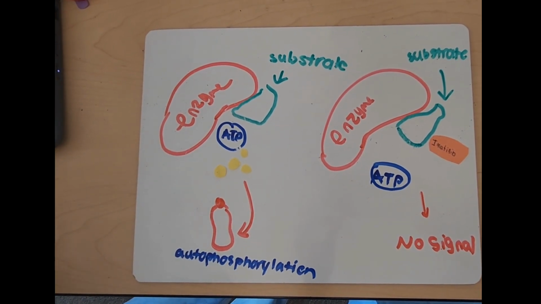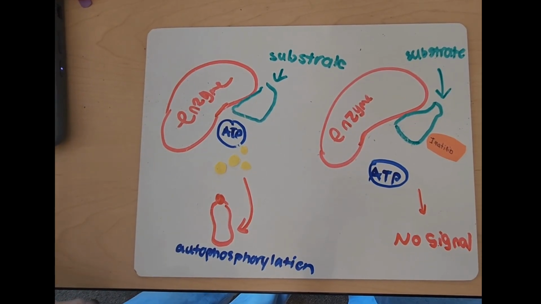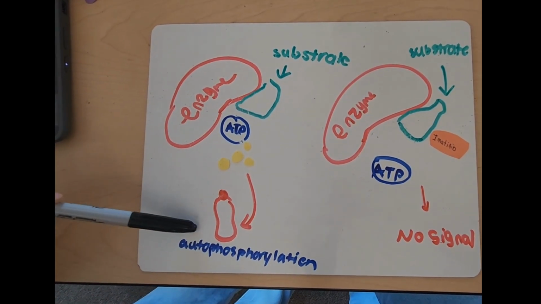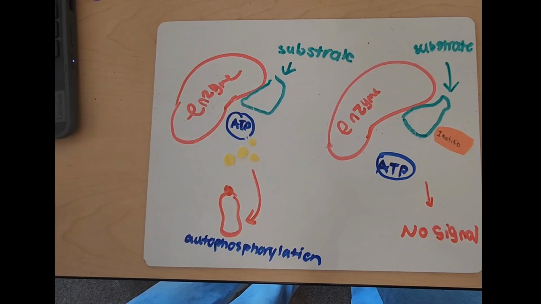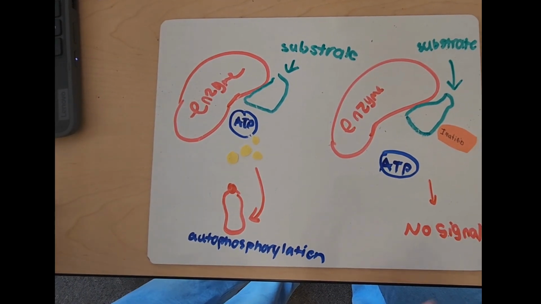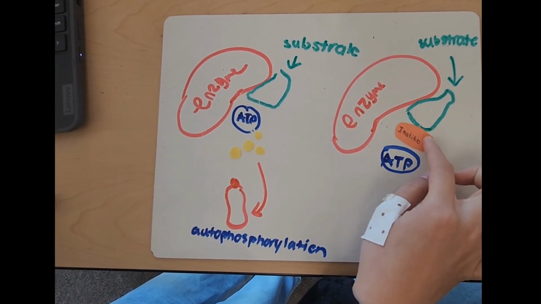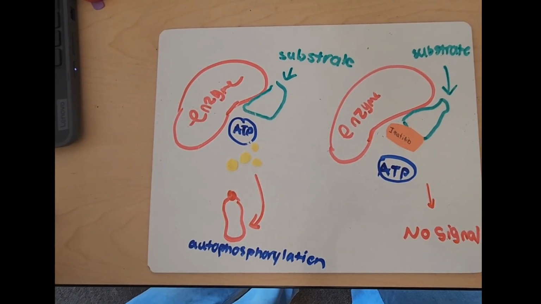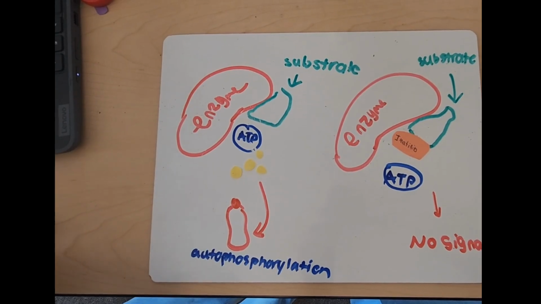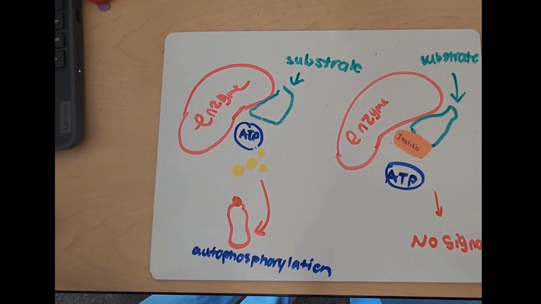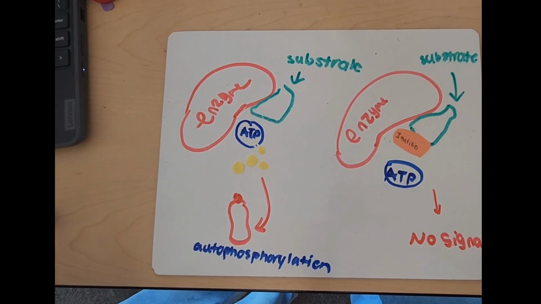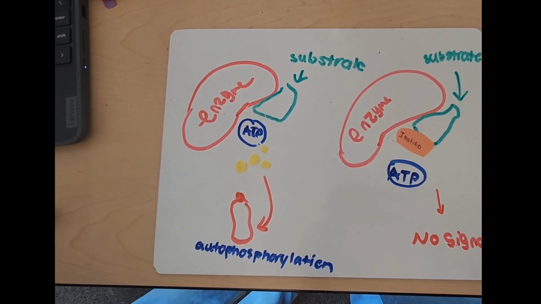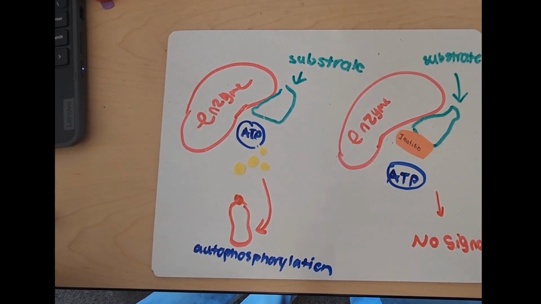Usually, when PDGF binds to its receptor, the receptor kinase dimerizes, then autophosphorylates, and then activates the RAS kinase cascade. However, imatinib blocks this by binding to the receptor's ATP binding site, thus inhibiting ATP use. Without ATP, the receptor cannot phosphorylate itself, and thus the signaling cascade shuts down.